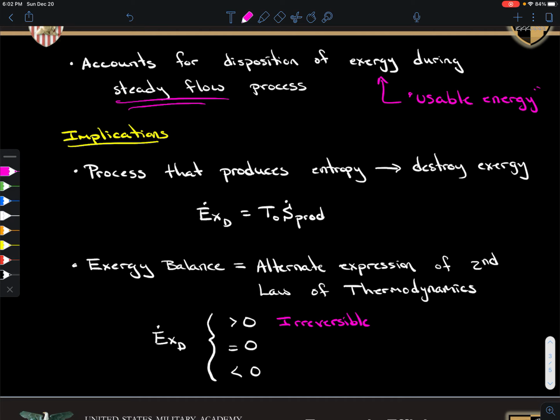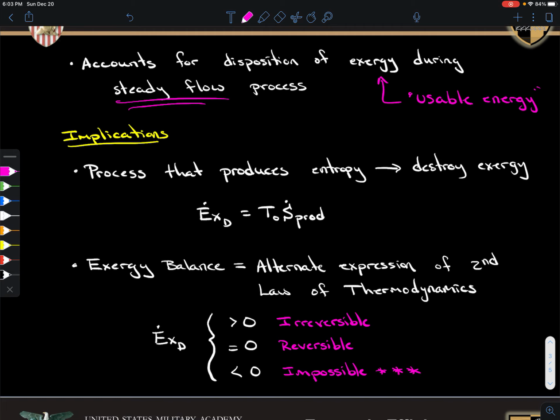It's irreversible because it's greater than 0. Exergy destruction is greater than 0, or by analogy that means we produced entropy. So it's an irreversible process. If it's equal to 0, it means we have a reversible process. It's an idealized case. And if it's less than 0, it is impossible.